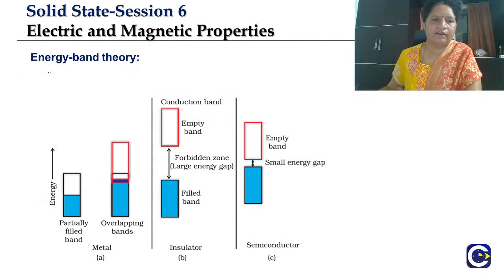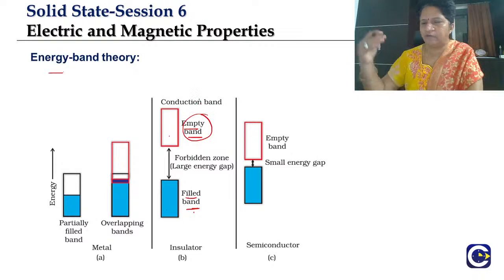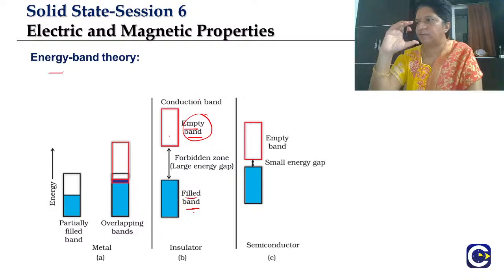Now, for a substance which conducts, we have the valence orbitals completely filled with electrons. We call it a filled band. Above that, we have an empty orbital which we call the empty band. In conduction, the orbitals with valence electrons we call a filled band or valence band.